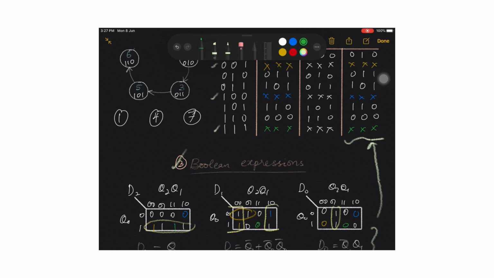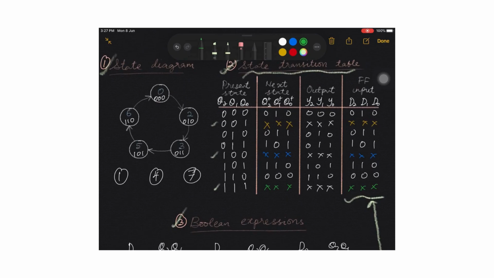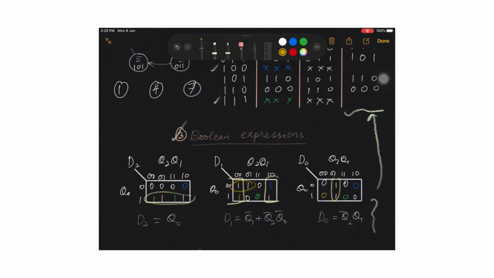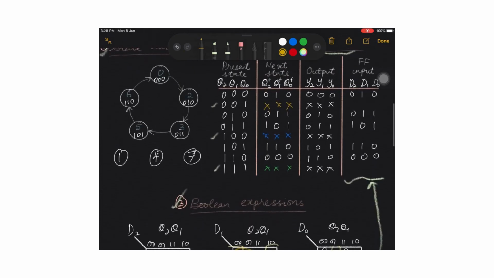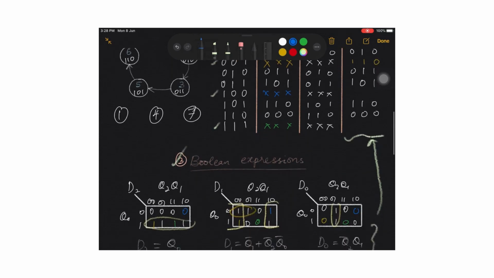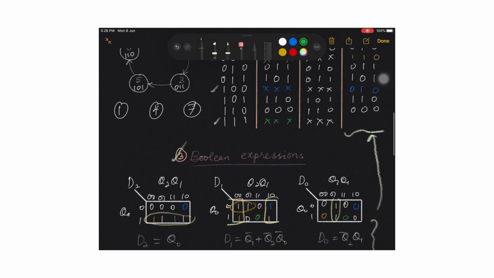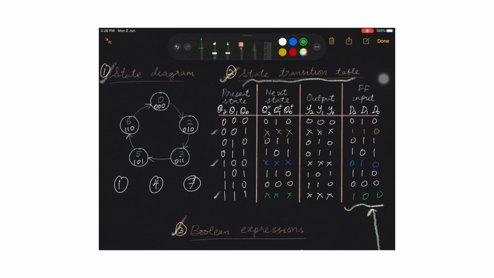Using these values, we can update the flip-flop column of the state transition table. So that yellow don't care now becomes 1, 1, 0. The blue don't care becomes 0, 1, 0. And the green don't care becomes 1, 0, 0. Our aim is to define the next states of the unused states.